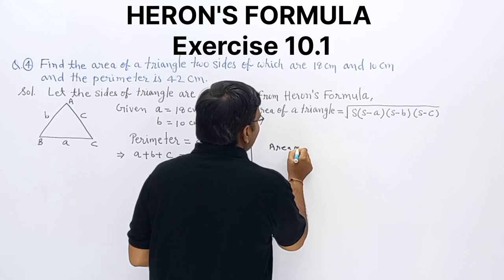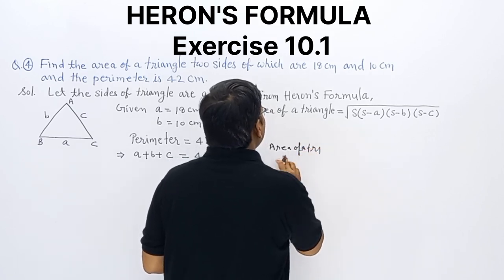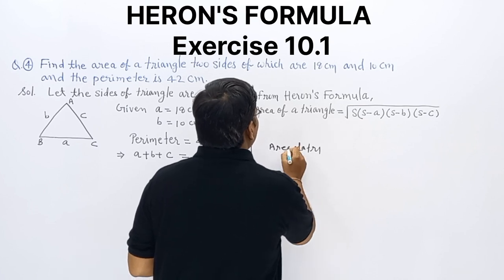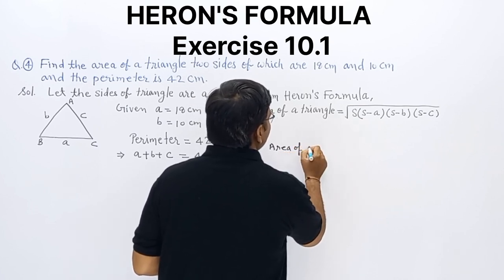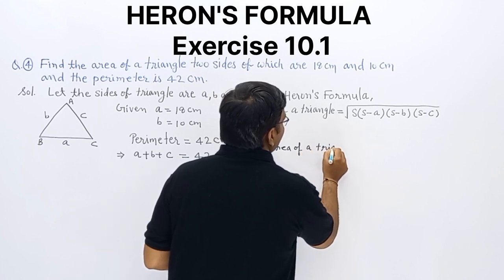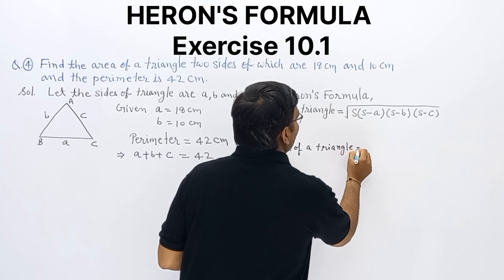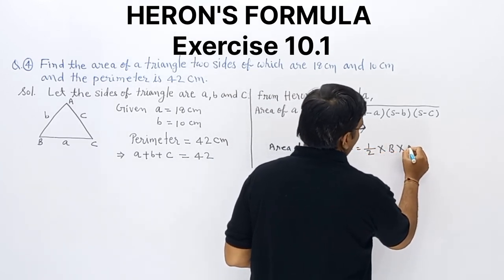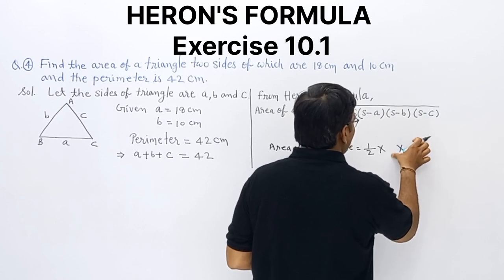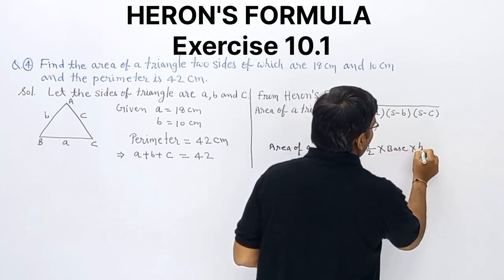Area of a triangle equals what? 1 upon 2 base into height.